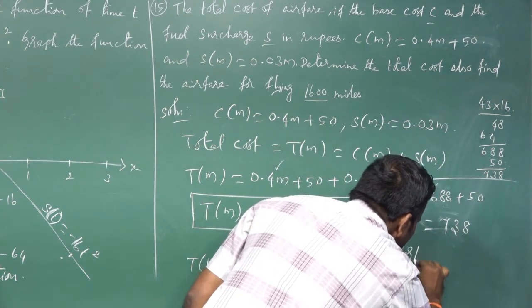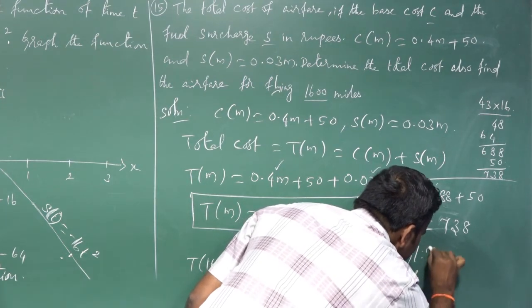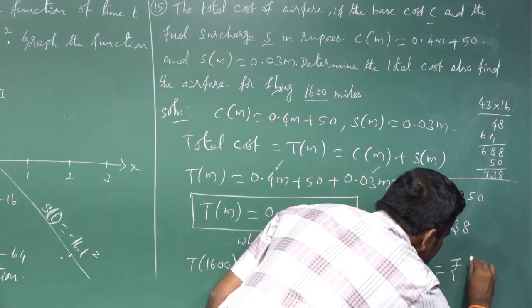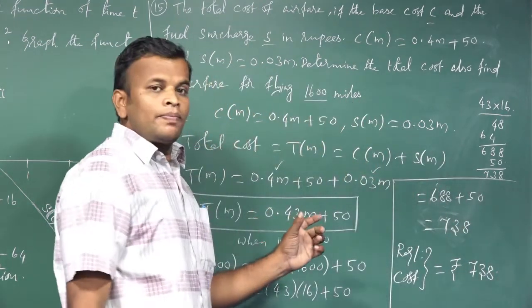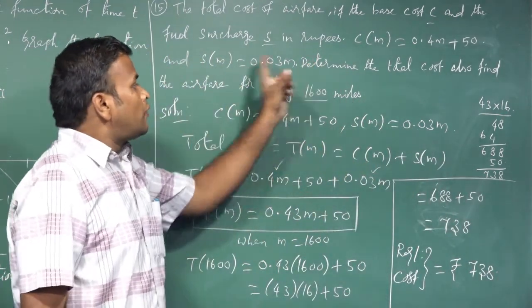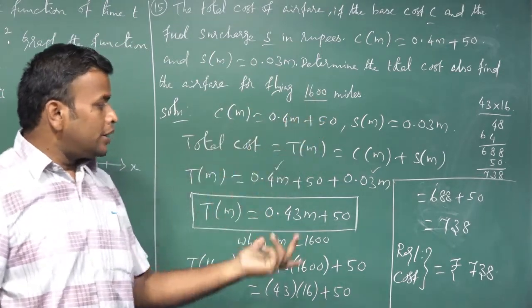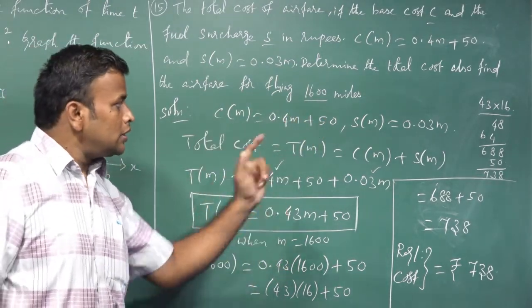Therefore we write the required cost is 738. That means the cost of an air flight for 1600 miles is rupees 738.